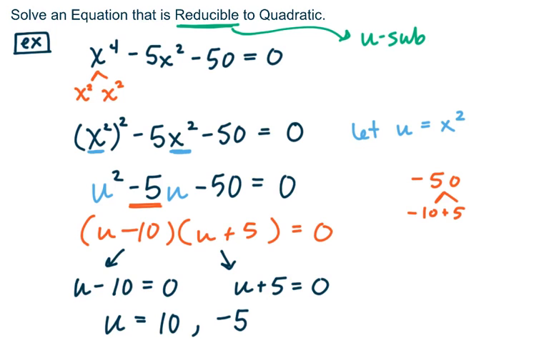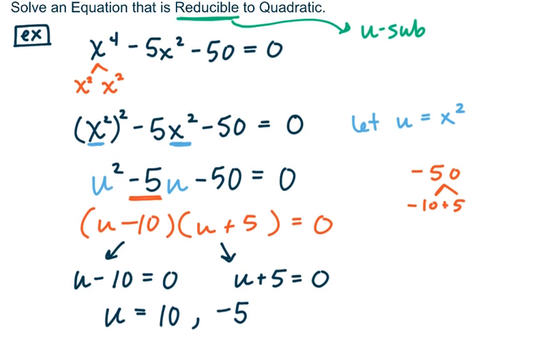And at this point, you might think, hey, we're done. But we're not done, because what we have completed here is solving for the variable u, and the original problem started with x. But if you recall, we said let u represent x squared.